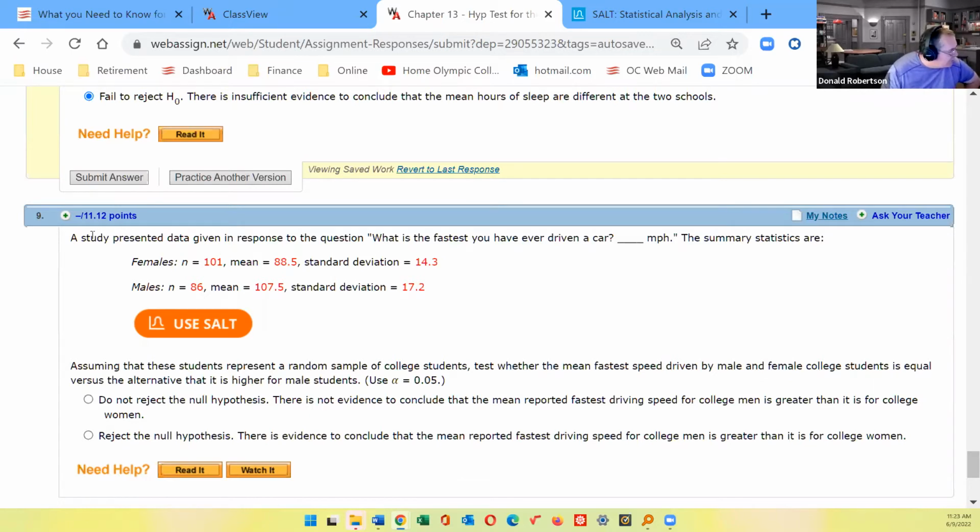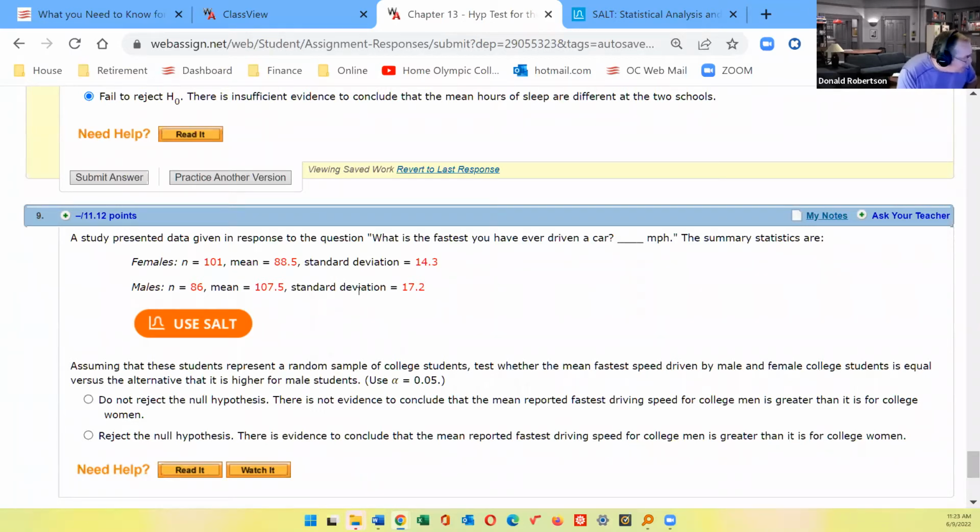So this is data that was collected about what's the fastest you've ever driven. And the first one, which is the females, the average for the fastest they've driven is 88.5 miles per hour. The standard deviation was 14.3.